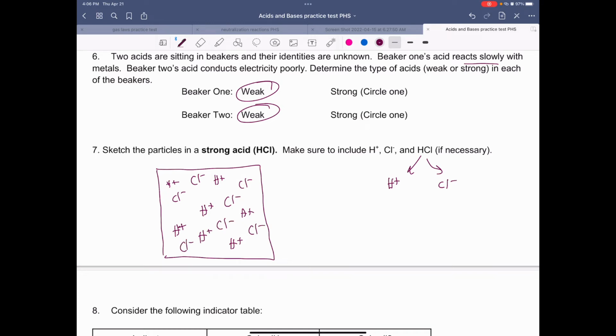Okay. I'm going to put one HCl in here just to show that the dissociation wasn't 100%, that there was one left over. But remember that strong acids have dissociations that are almost complete. So I just put the one in there to show that it wasn't 100% complete. If it was a weak acid, you would have a bunch of HCl's and not very many H pluses and Cl minuses. That's what it would look like if it was a weak acid.